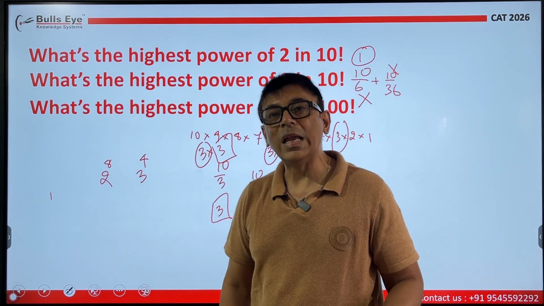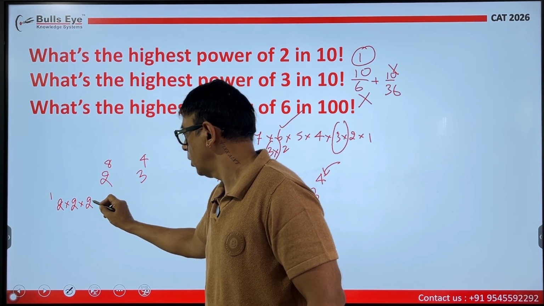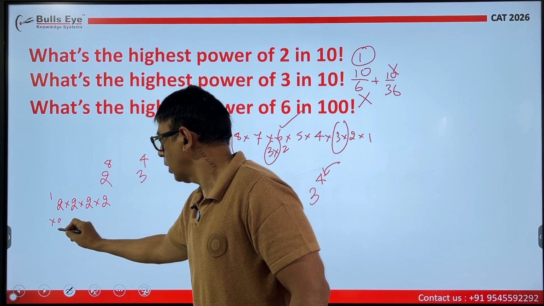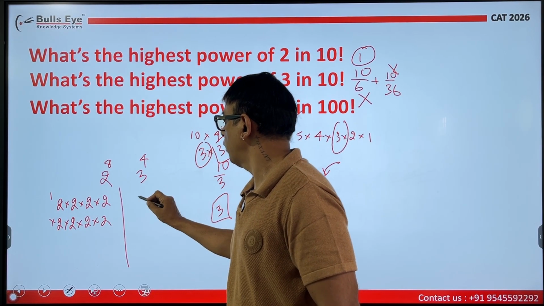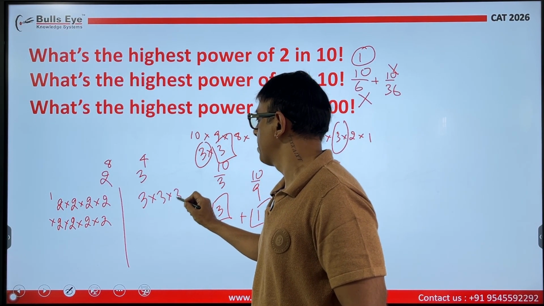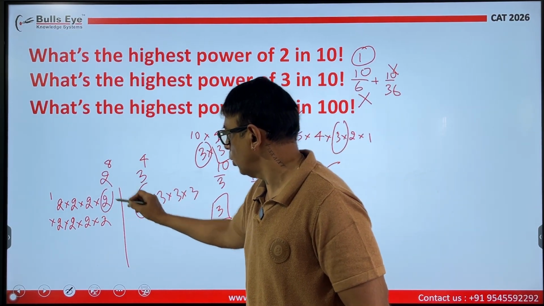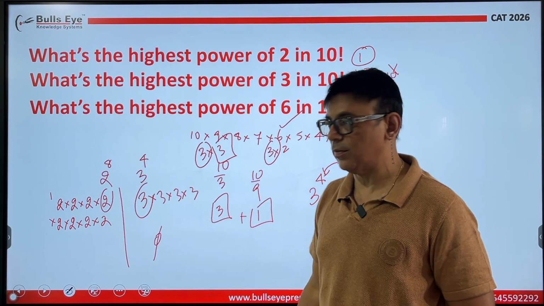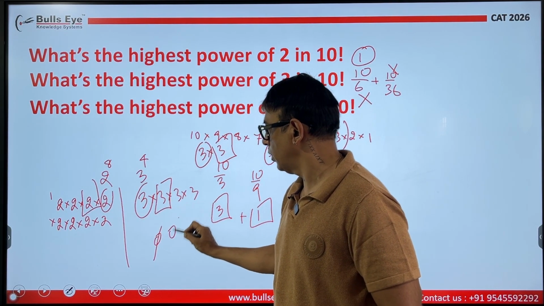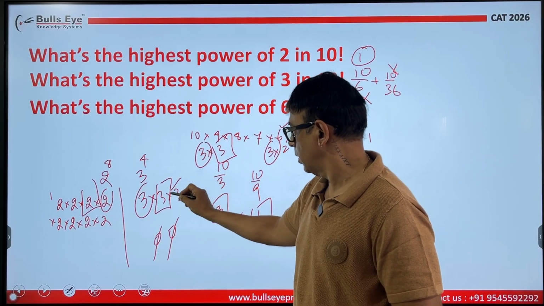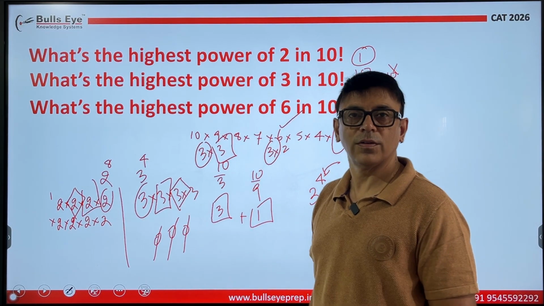So you have got 8 2's: 1, 2, 3, 4, 5, 6, 7, 8. And you have got 4 3's. So how many 6's will be there? 3 into 2, this is 1 6. 3 into 2, this is the other 6. 3 into 2, the other 6.